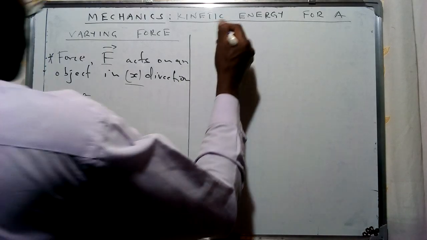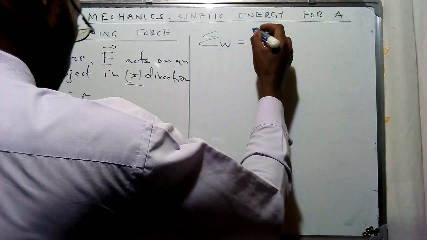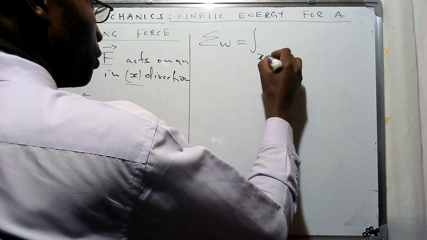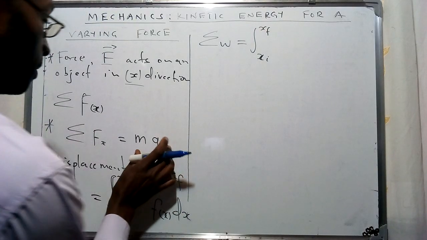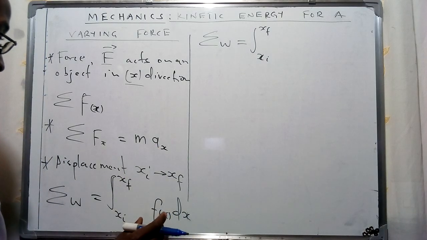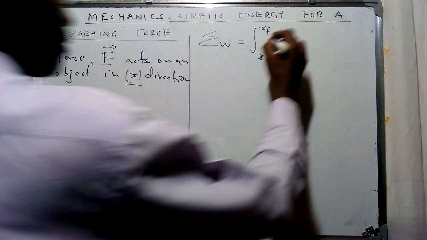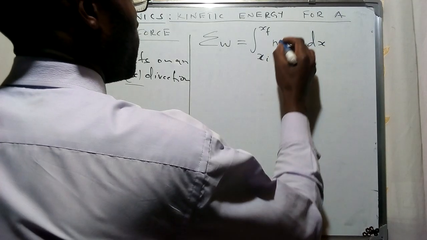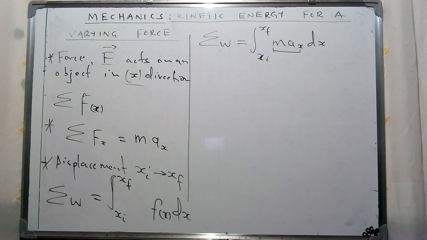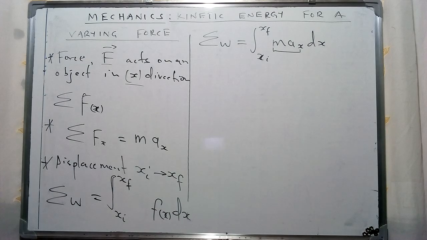And therefore, we can give this version of the summation of work given in terms of the integral from x initial to x final of m a x dx, where this represents the total force involved from Newton's second law of motion.